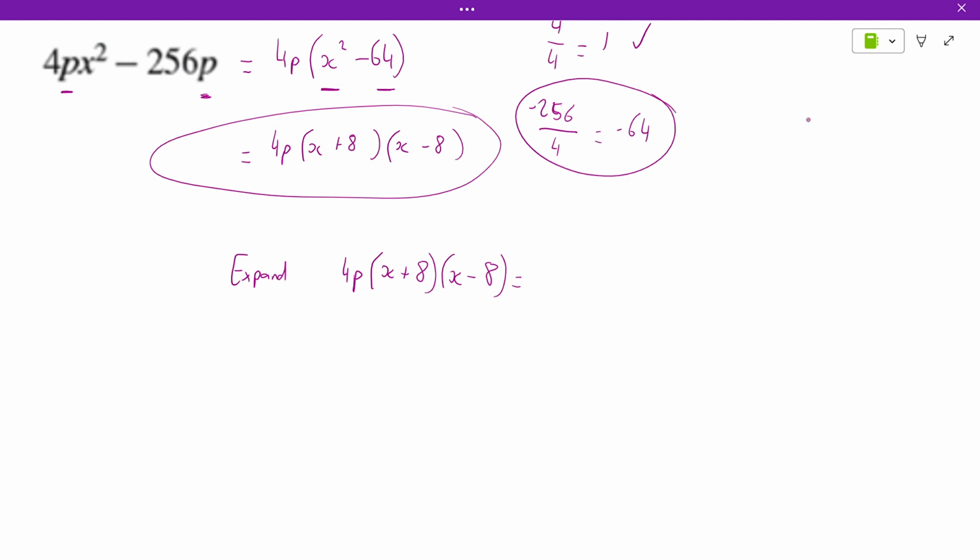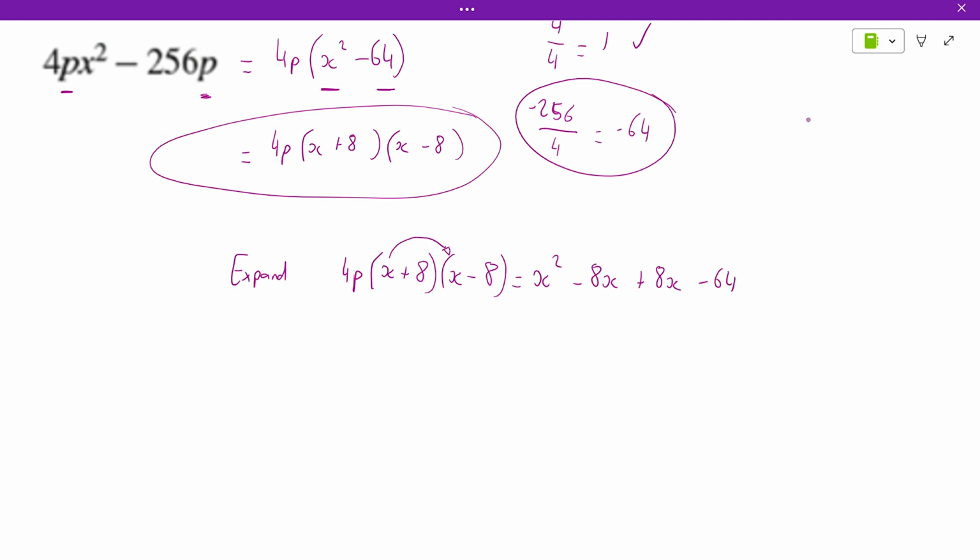So x times x is x squared. x times negative 8 is negative 8x. Positive 8 times x is positive 8x. And 8 times negative 8 is negative 64.